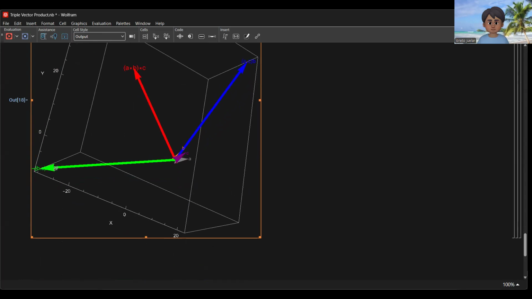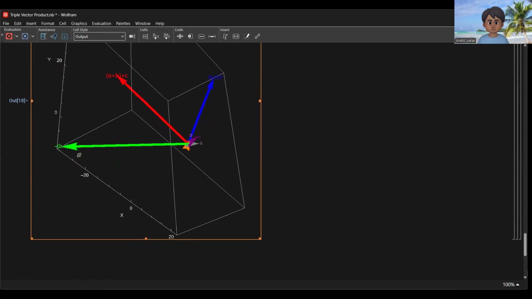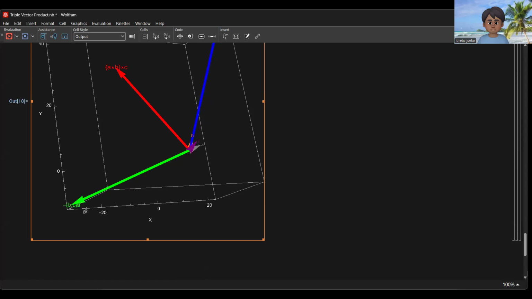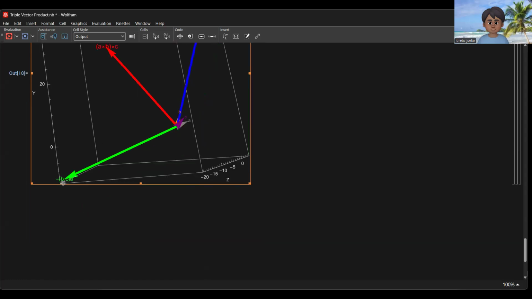This one is the dot product of B and C, a scalar, times the vector A. The vector is directed in this way, but because it's negative, this is the direction of the vector to the left.